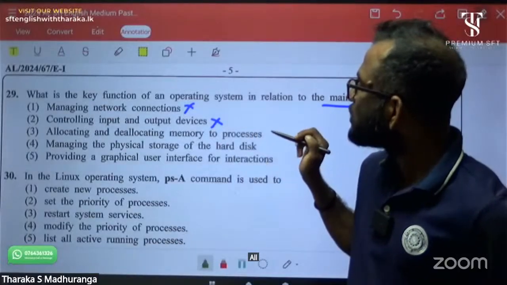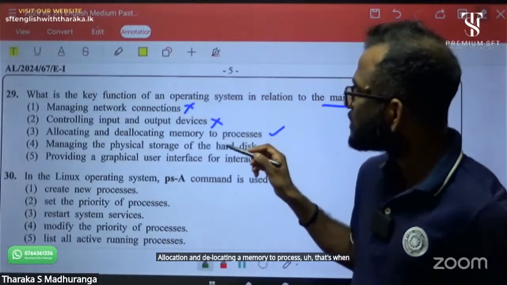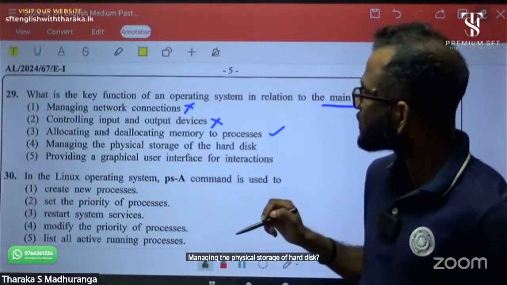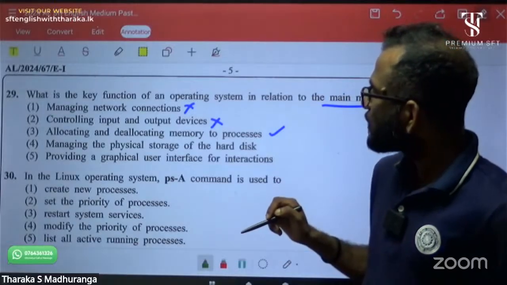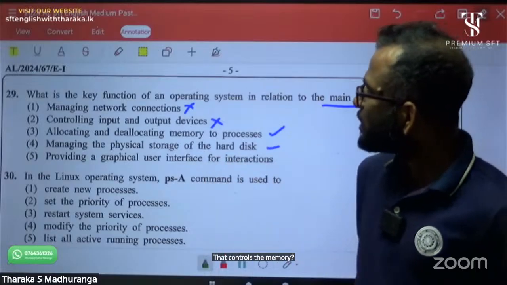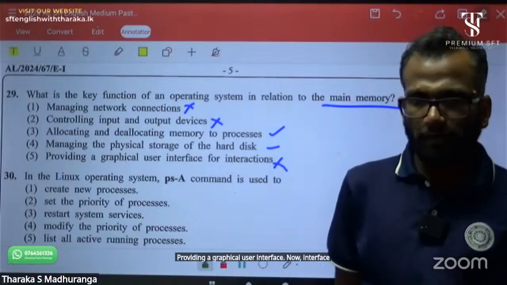Allocation and deallocating memory to processes, that's one we can consider. Managing the physical storage of hard disk, that one also memory. Providing a graphical user interface, no, interface is not related to memory.